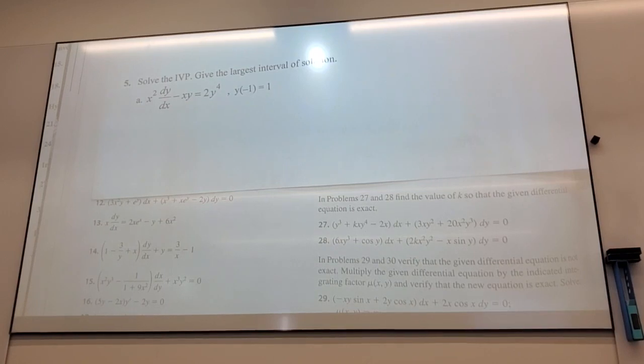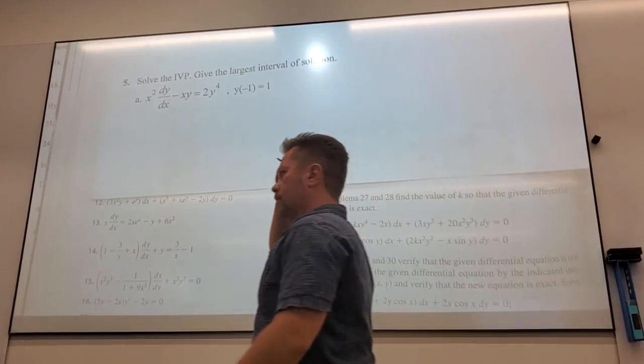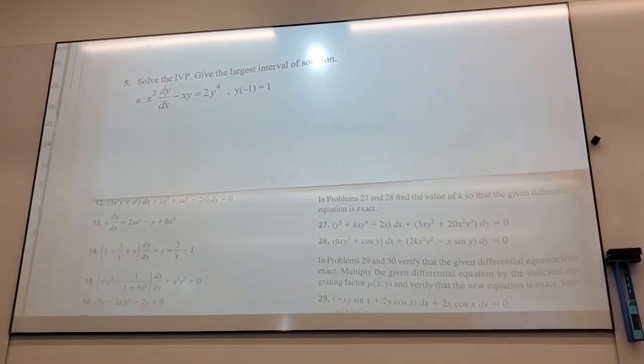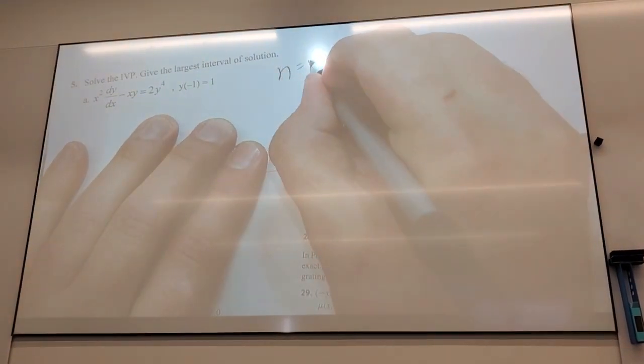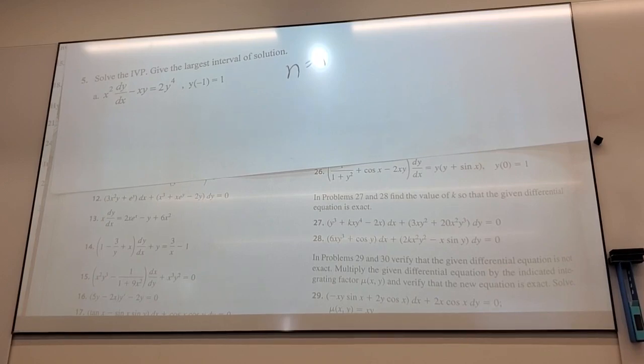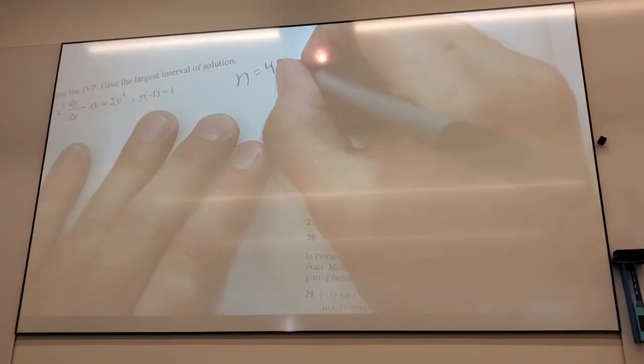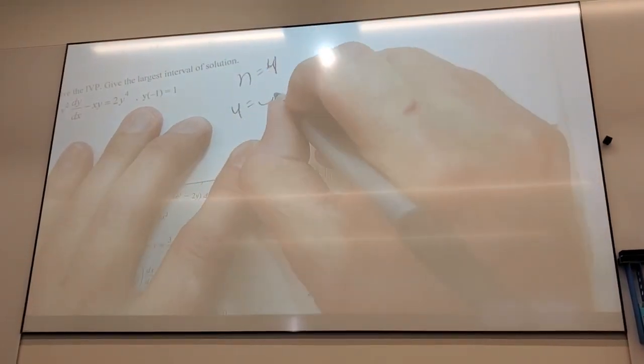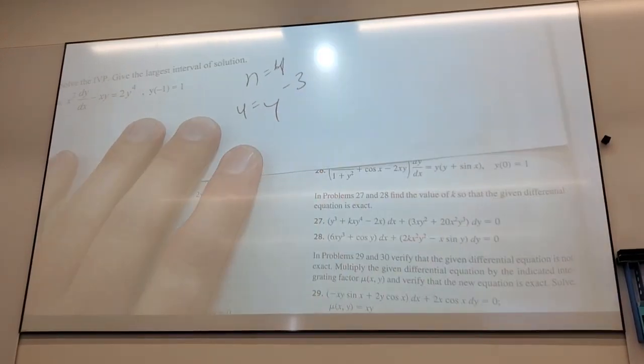So n, of course, is 4. What's the substitution I'm going to make? u equals y to the negative 3.